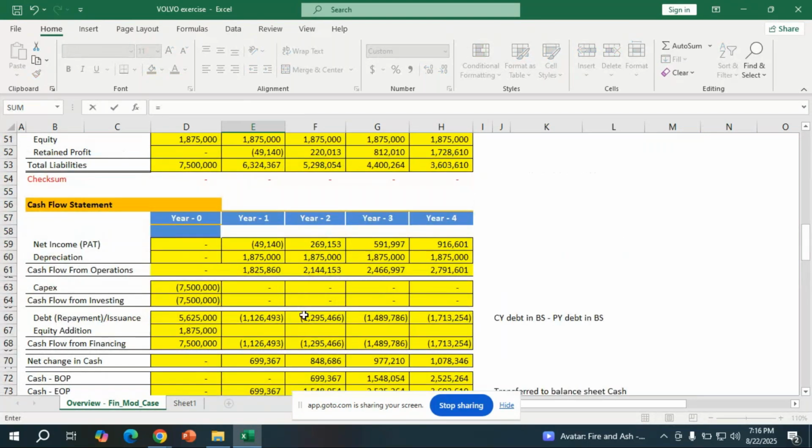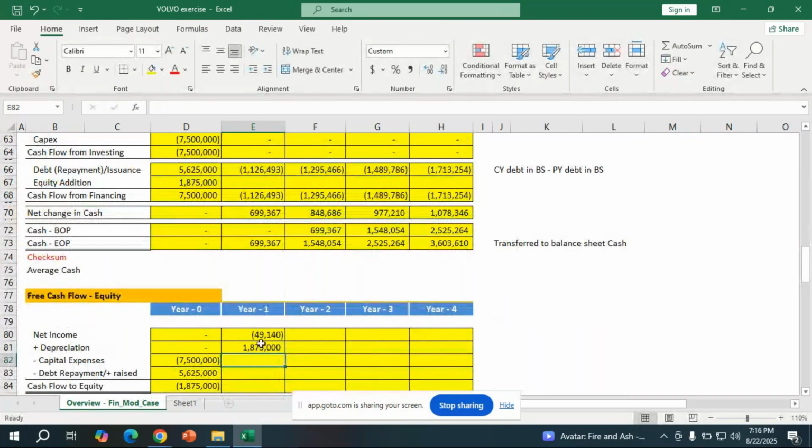And now, capital expenditure in year one: I told you in the initial year you make the investment. Post that, there is nothing. So it is zero. Again, here, debt repayment. How much debt is being repaid, we already have the information here, right? Press enter and select it. So do it for all the years.